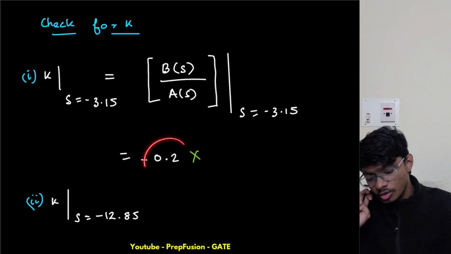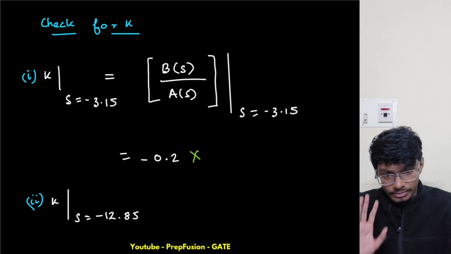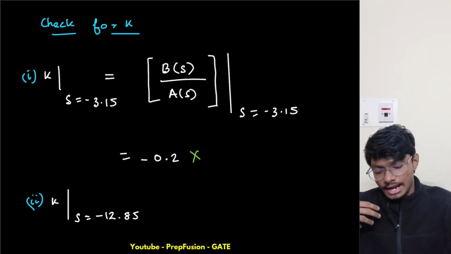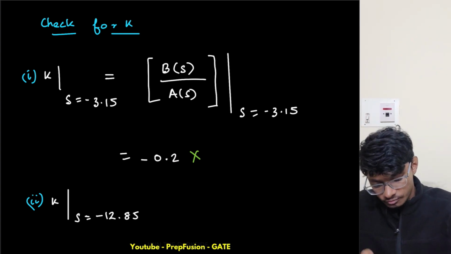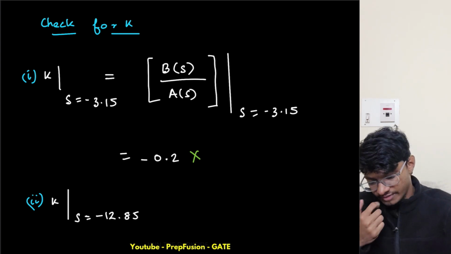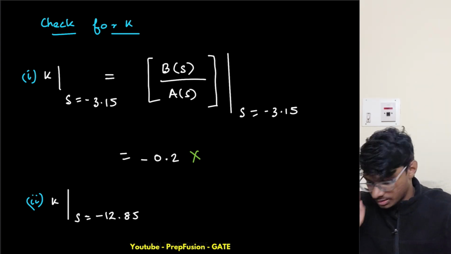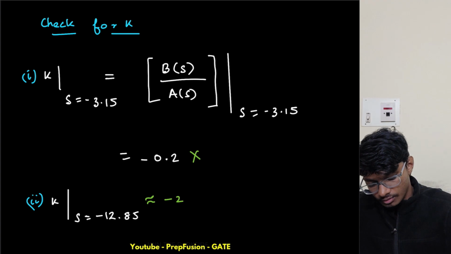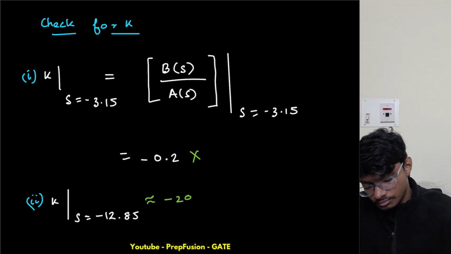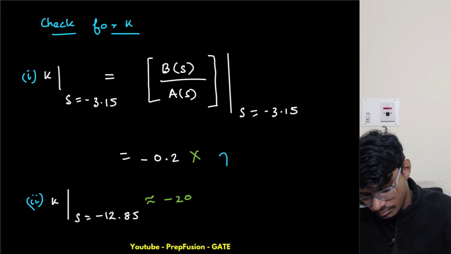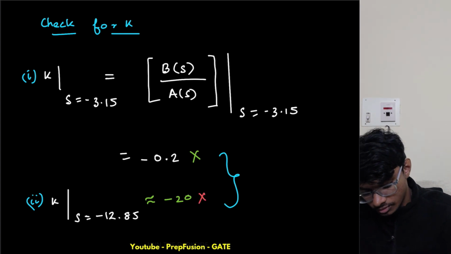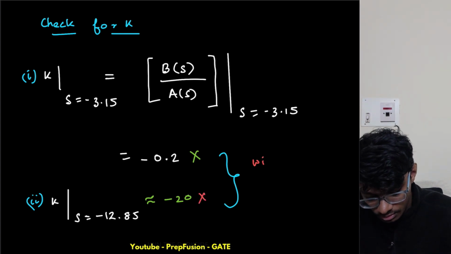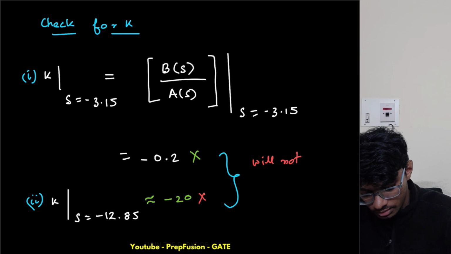There it was coming positive 0.2, here it is coming minus 0.2, that's why it is not valid. And if I put K equal to minus 12.85, previously it was coming, I think, plus 20. Now it will come minus 20 again. Both of them will not lie on the root locus.